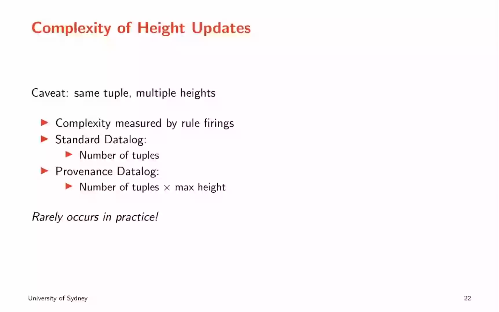However, this situation rarely occurs in practice. It's very rare that an earlier derivation produces a larger proof tree than a later derivation. And so in practice, we observe that the performance overheads of our provenance evaluation are mostly fairly minimal.